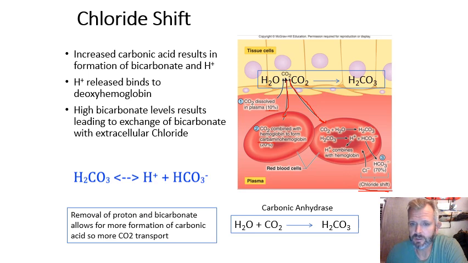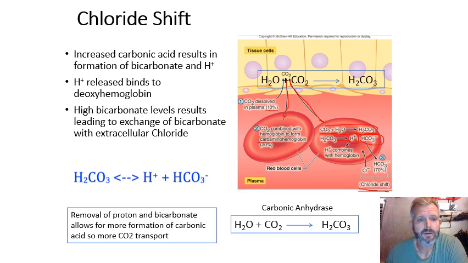CO2 enters the red blood cells, where the enzyme carbonic anhydrase converts CO2 and water to carbonic acid. As CO2 levels increase, we push the equation in this direction, and that carbonic acid is converted to a proton and bicarbonate.